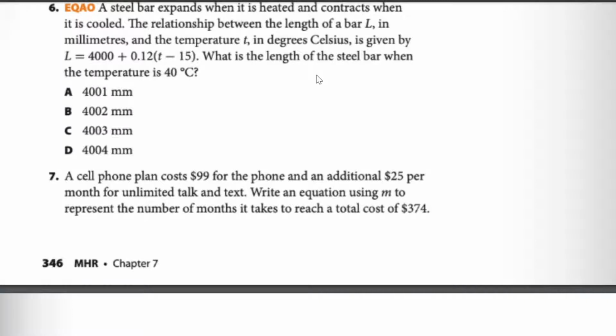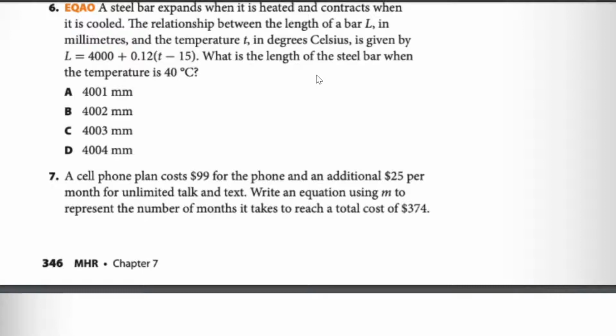We want to write an equation using the letter M to represent the number of months it will take to reach a total cost of $374. So this is a cumulative cost. Initially he'll pay the $99, and then each month he's going to pay that additional $25. So this is one of our partial variation equations that we're going to make.